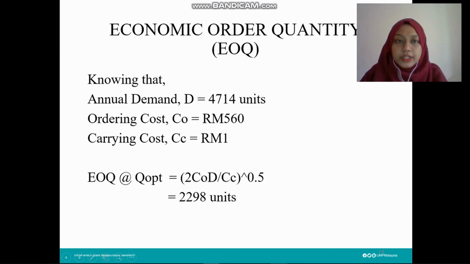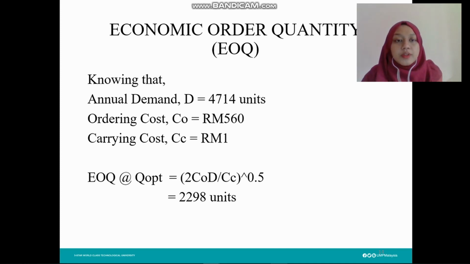Okay, for the economic order quantity, basically it is the optimal order quantity that a company should purchase in order to minimize the inventory costs, such as holding costs, shortage costs, and order costs.